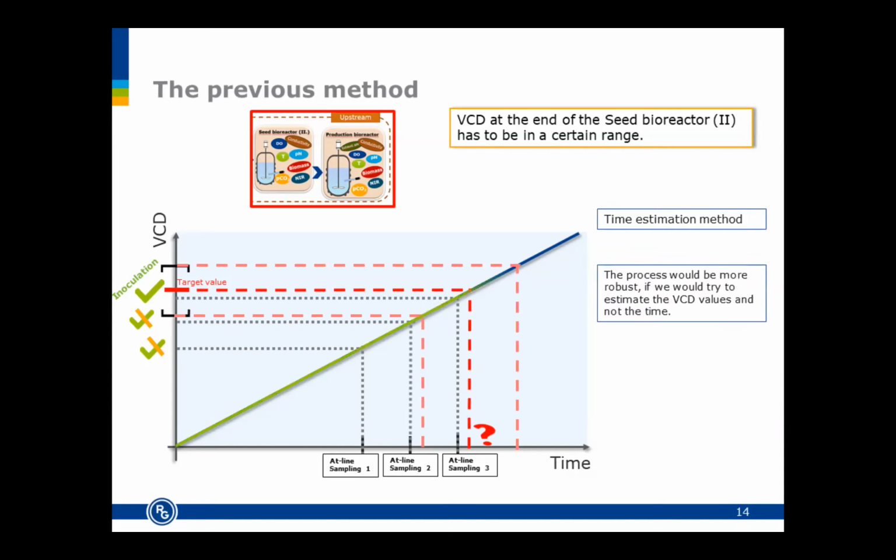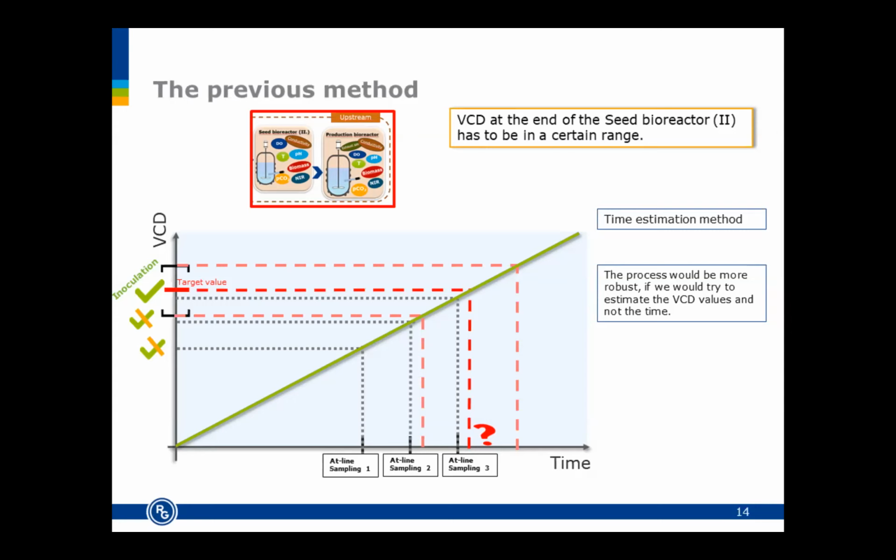But the process would be more robust if we tried to estimate the VCD values themselves and not the time. But we cannot take a sample and execute the at-line measurements continuously. As a solution, we have an inline biomass instrument which can measure every 5 or 6 seconds, and we can monitor the permittivity values of the cultivation process using the Incyte sensor.